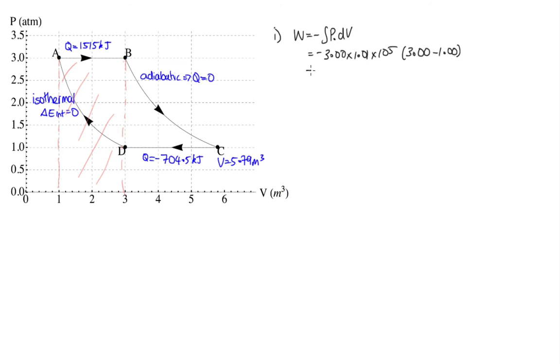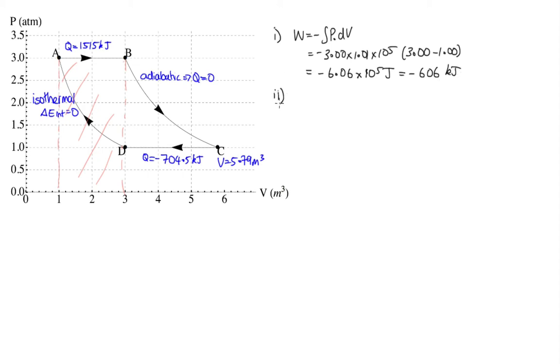We can solve that on the calculator, and we get minus 6.06 times 10 to the 5 joules, which we can write as minus 606 kilojoules if we want.